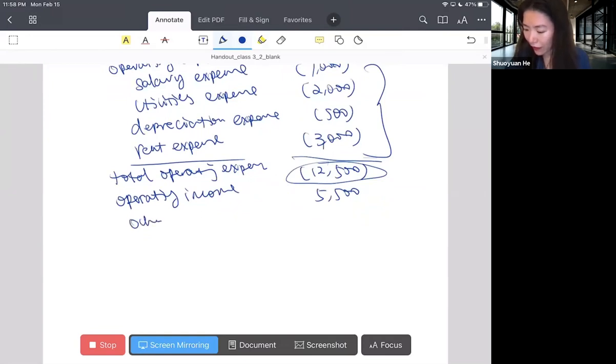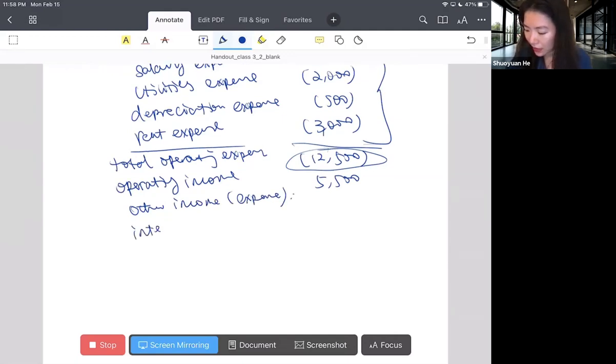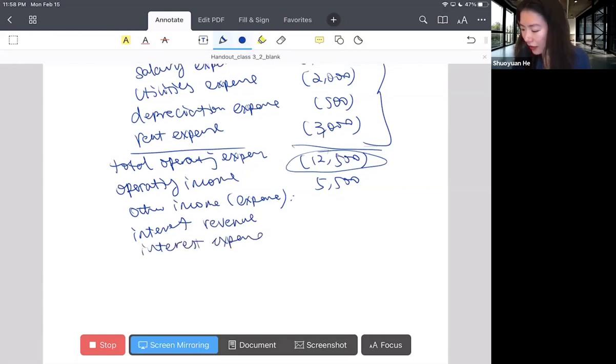And also we have other income or expense. So interest revenue and interest expense, those are other income or expense.